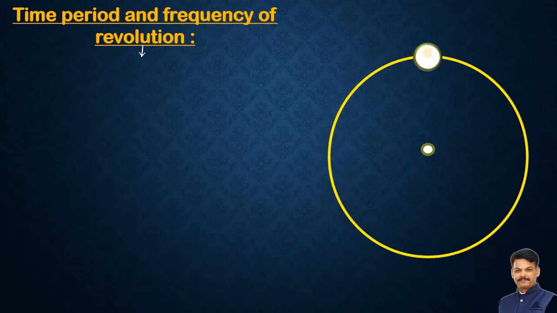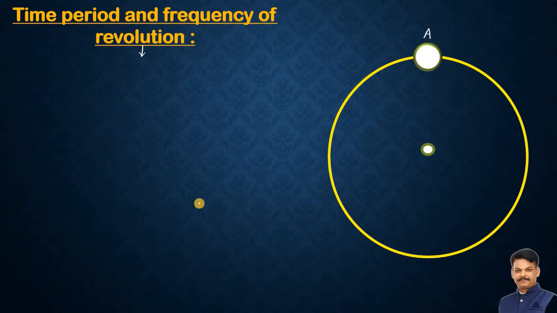For example, if the object starts from the point A, moves along the circular path and reaches back to the point A, then how much time has it taken to return to the same point A? If we measure that time, then that time is called the time period, or simply the period.